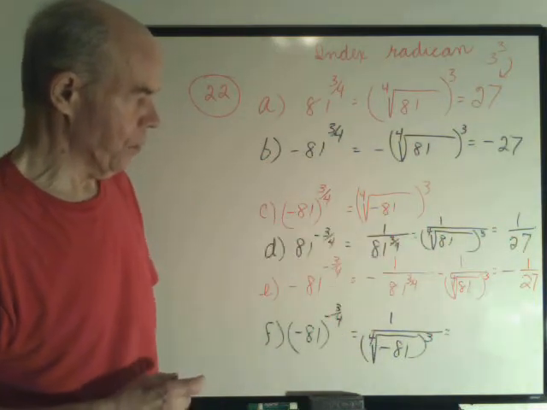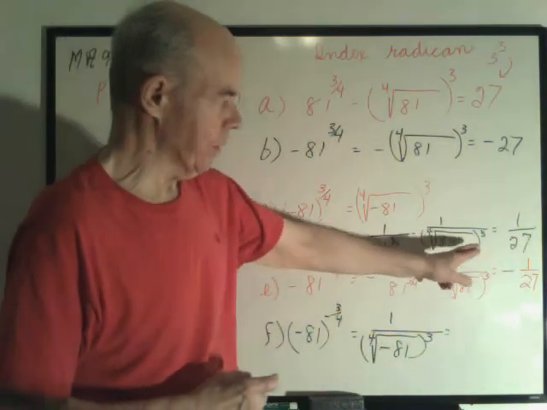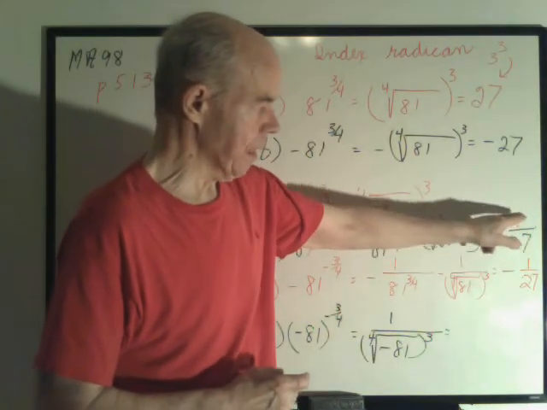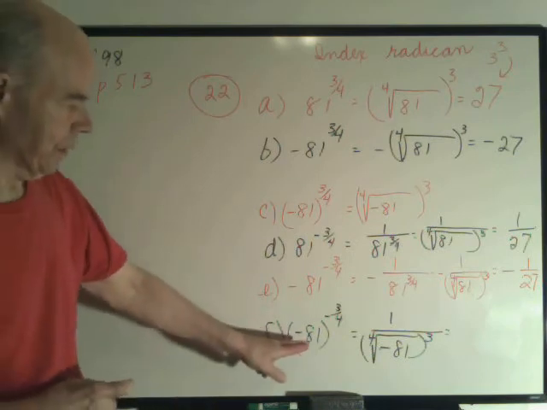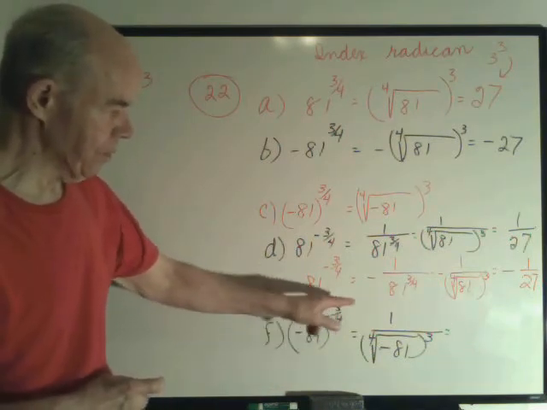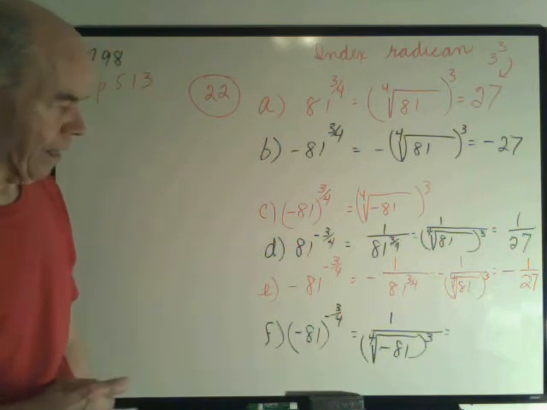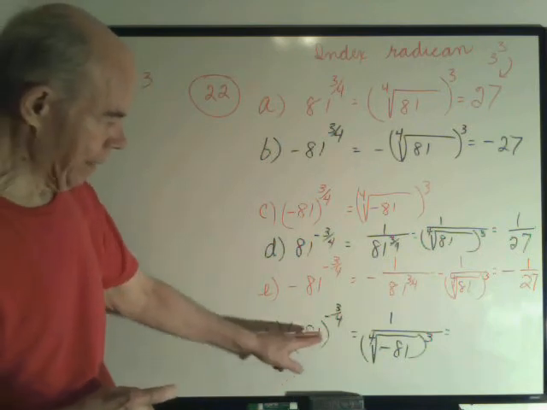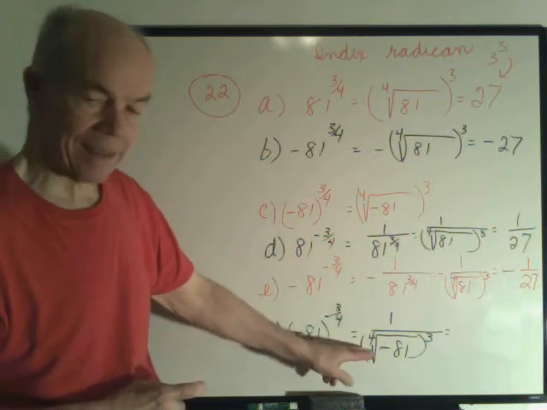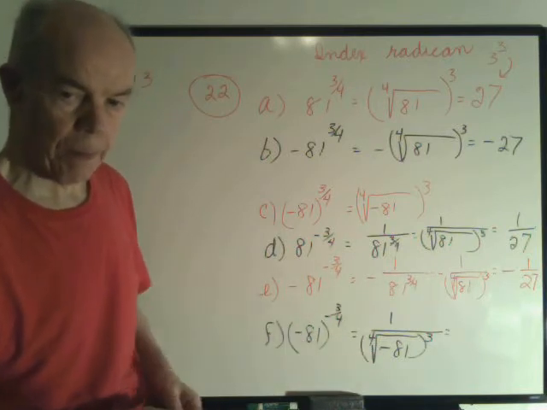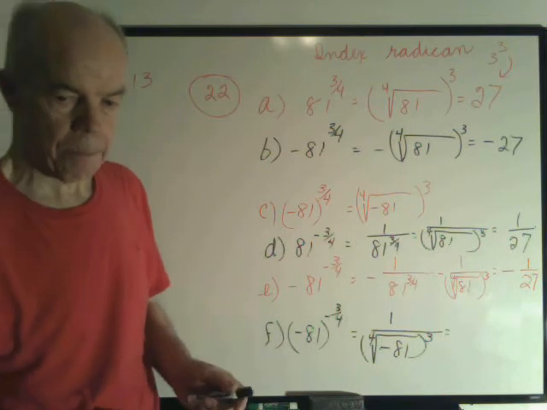The 4th root of 81 is 3, and 3 raised to the 3rd power is 27, so it's 1 over 27. And this one down here tells me again, negative exponent, going to put this term in the denominator. But this exponent here applies to the negative 81. I can't take the 4th root of a negative number, so that one can't be done.